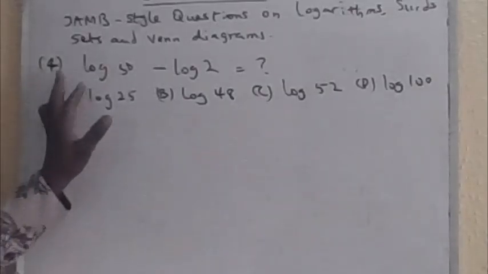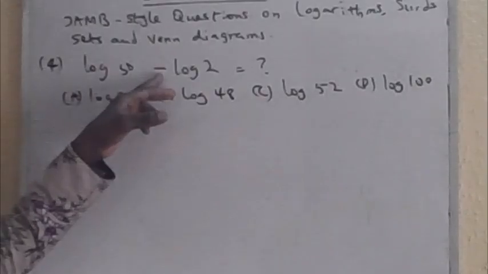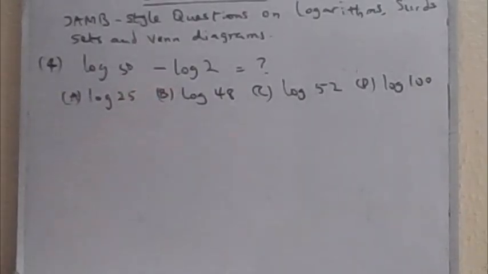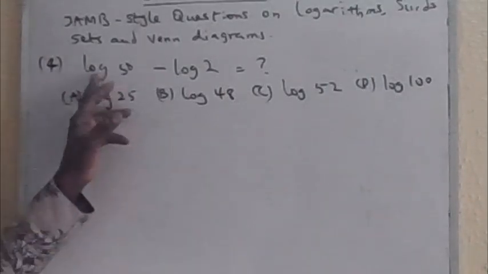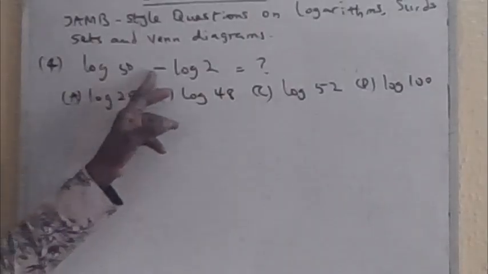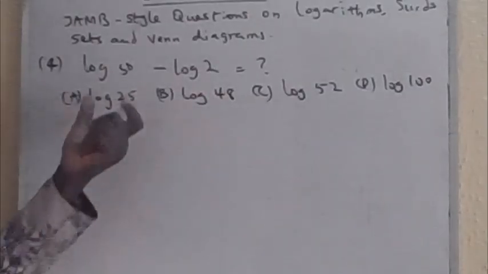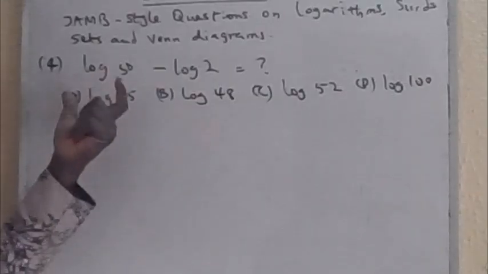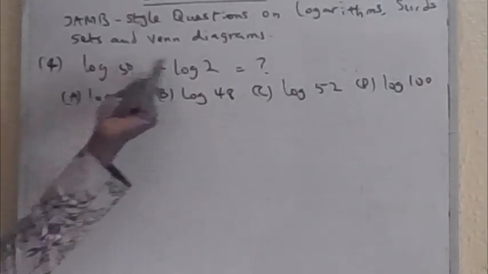identify that the operation here is minus, and they're testing us on the use of the quotient rule, which says that if you have a log minus another log of the same base, you take the quotient, that is the division of the two, to the same base.